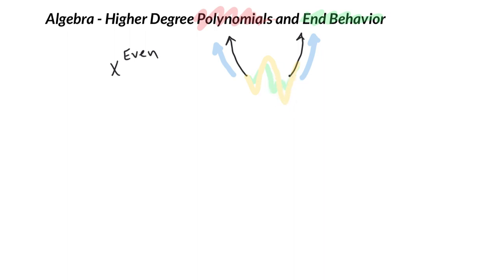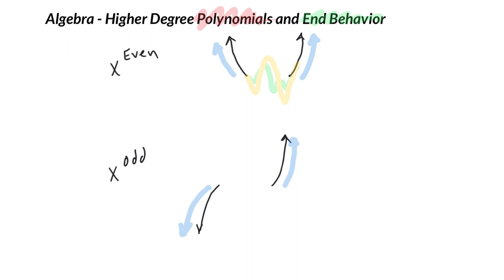So x to an odd power looks something like this. You can see that on the positive side, it is going up to infinity, but over here it's going down to negative infinity. So that's its end behavior.